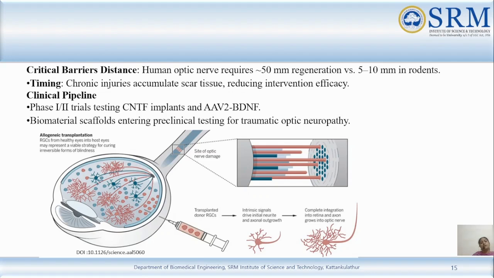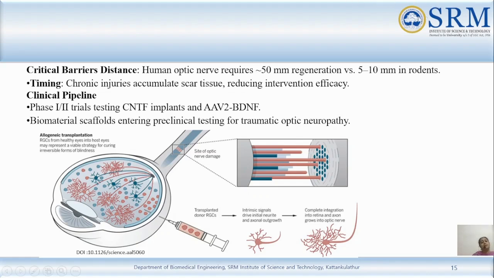The second major issue is the timing. Chronic injuries accumulate scar tissue. So with time, a lot of scar tissue builds up, and this can reduce intervention efficacy. If treatment strategies are applied at an earlier period, the possibility of regeneration is much higher, because over time the scar tissue builds and the possibility of any intervention is limited.